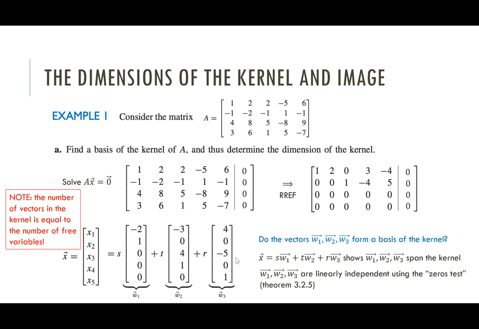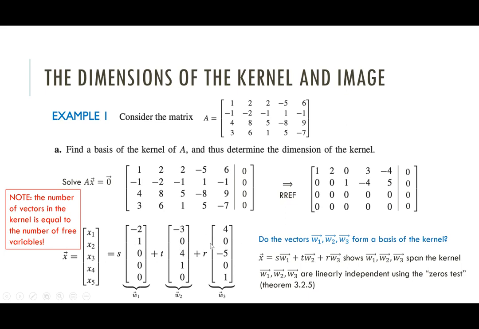The reason you can know this is that free variables, remember, you turn them into parameters. And then when you separate everything out to get this vector form, since our second variable was a parameter, x2 is just 1 times the parameter you gave it, s, and 0 times the other ones.